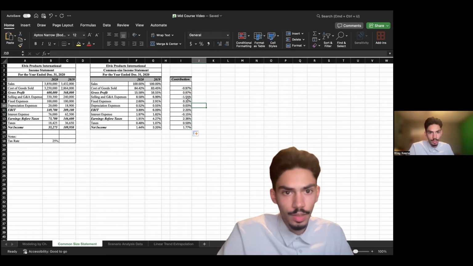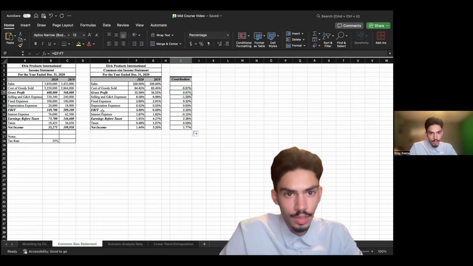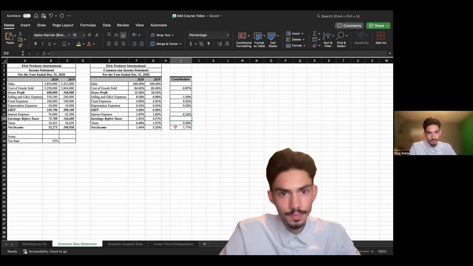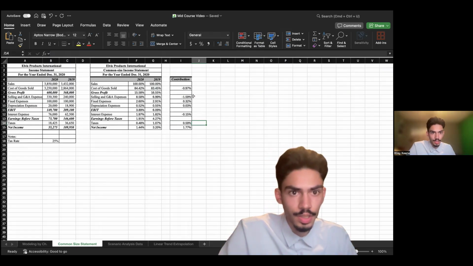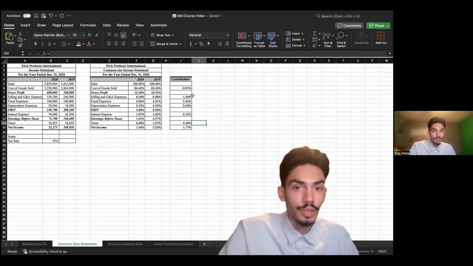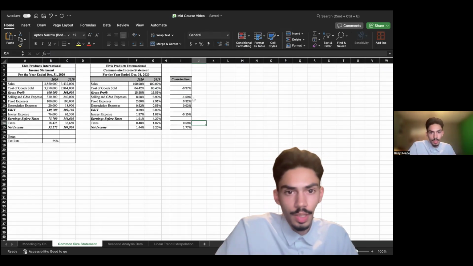Pull this down and see some of the other percents. So we can see selling in general and administrative expenses have gone up a little more than 1.5%. Fixed expenses have gone down almost 1/3%.